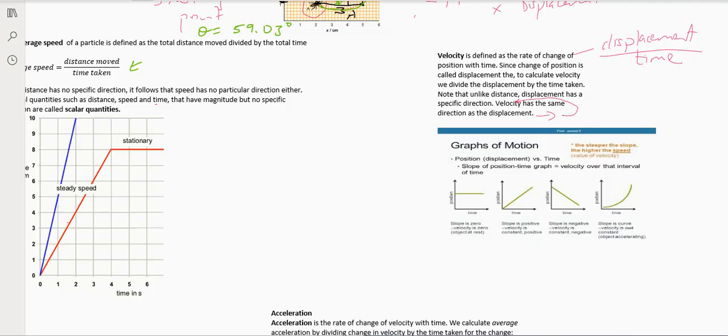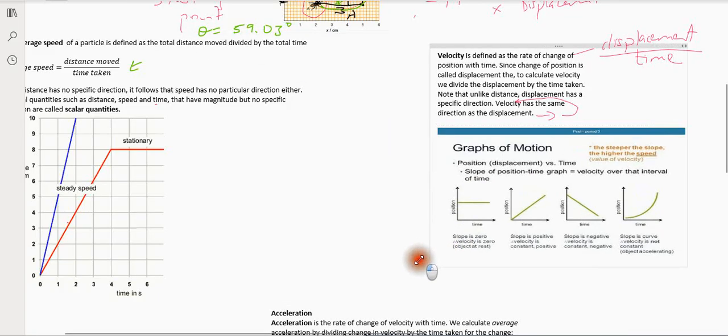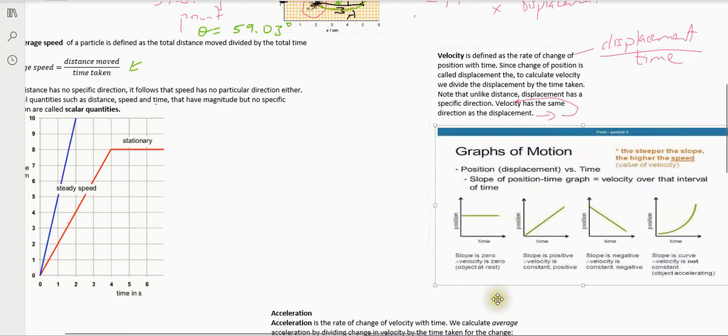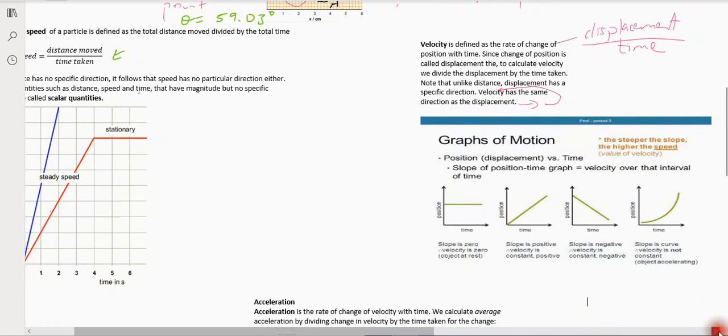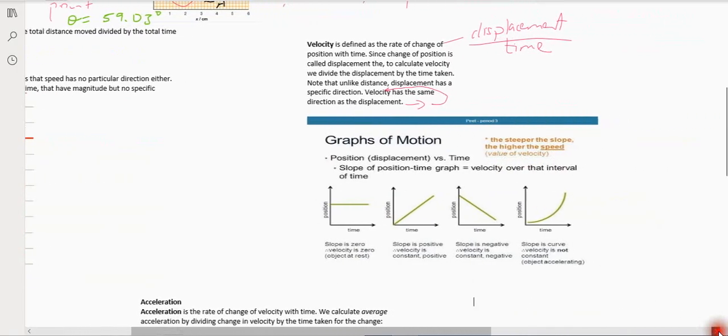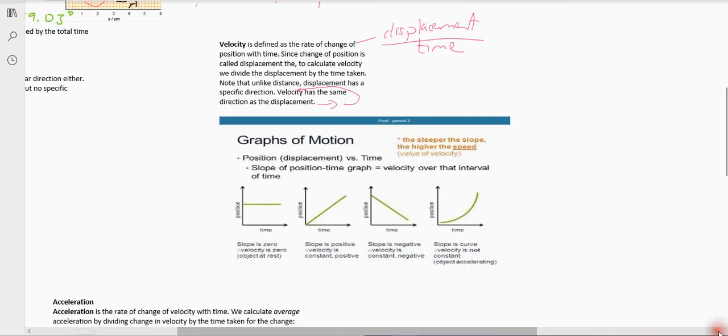Now here we have some graphs. Let me see if I can make it a little bit bigger. Now let's look at these graphs here. So these graphs are all velocity time graph, not velocity, displacement time graph, right?